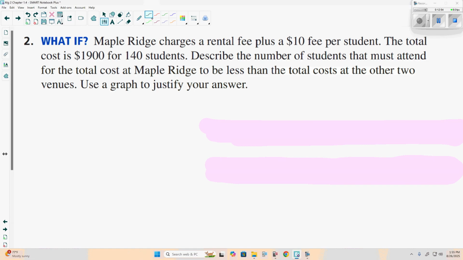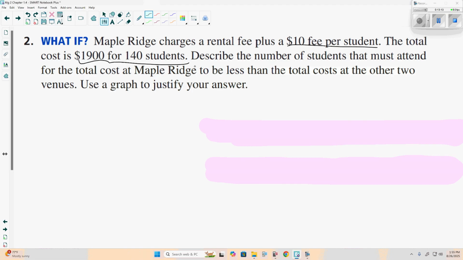All right, guys, so we're going to look at one more and compare a third option. Now, Maple Ridge charges a rental fee of $10 per student. The total cost is $1,900 for 140 students.